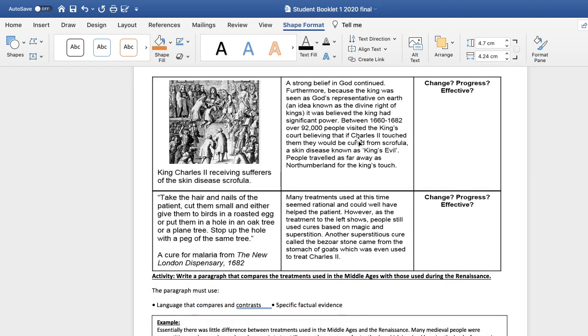Moving on to the fourth box, it talks about, again without giving it completely away, the idea of religion. So we know that the church absolutely dominated the Middle Ages. Treatment was heavily based on the idea that God would save those people if it was his wish.